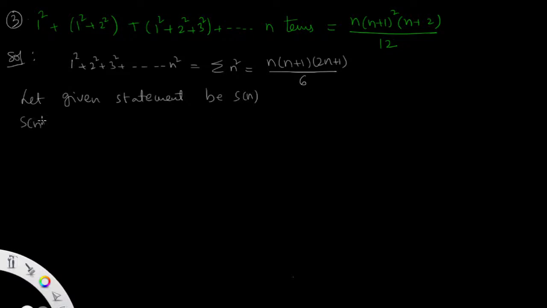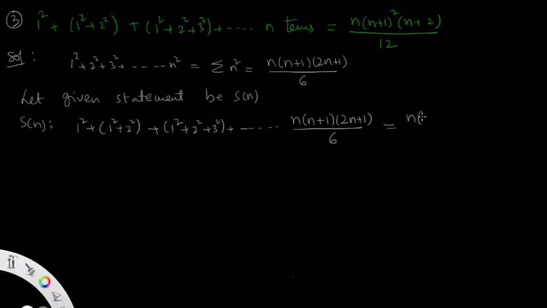Therefore, S of n is such that 1 squared plus (1 squared plus 2 squared) plus (1 squared plus 2 squared plus 3 squared), going on, in the end you can write n into (n plus 1) into (2n plus 1) by 6, which means n into (n plus 1) whole square into (n plus 2) divided by 12.